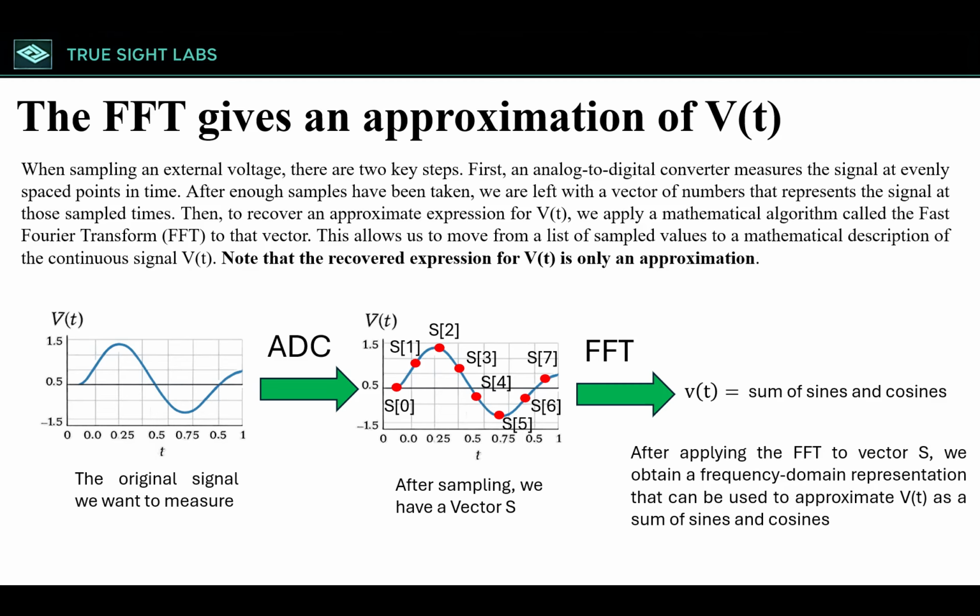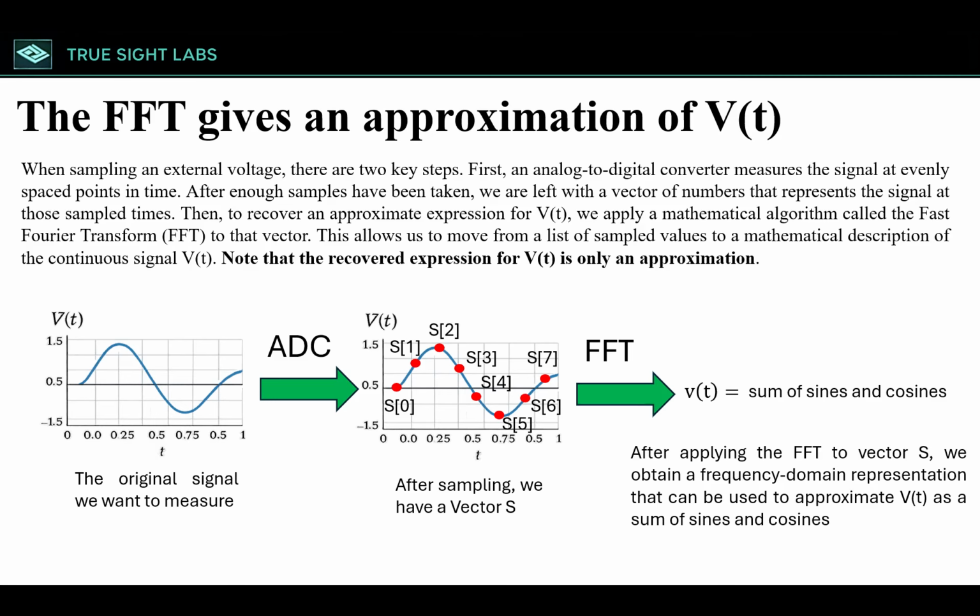When sampling an external voltage, the process works in two steps. First, an analog to digital converter, or ADC, measures the signal at evenly spaced points in time. After collecting enough samples, we end up with a vector of numbers, vector S. This vector contains all of the samples taken by the analog to digital converter.